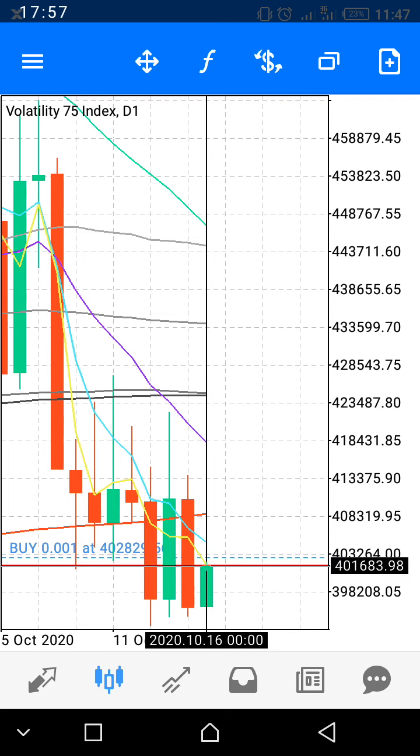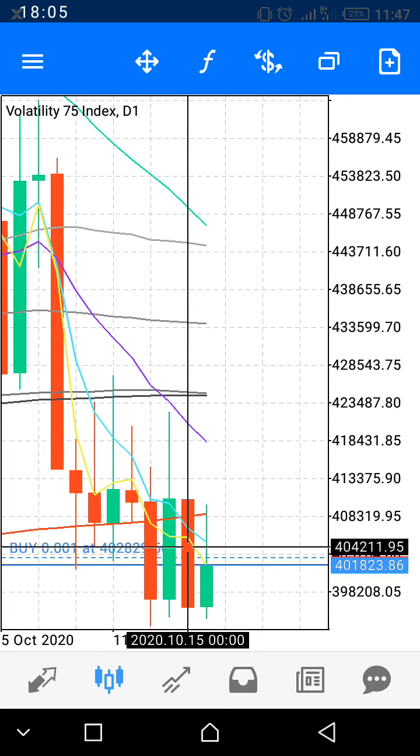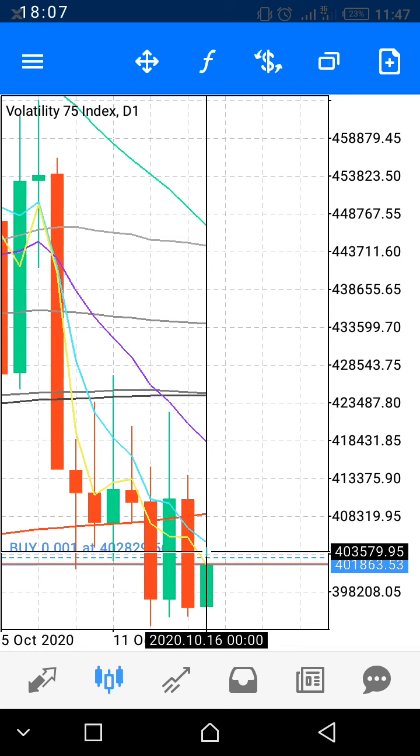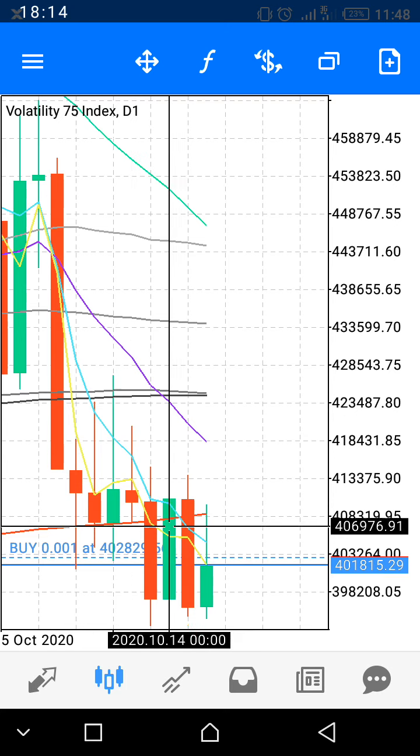But now, because of price movement, the candle is now above the green. So if you see that this 2 SMA is above the candle, and it's a bearish, red candle, it shows that for that particular day, the trend will be a sell.